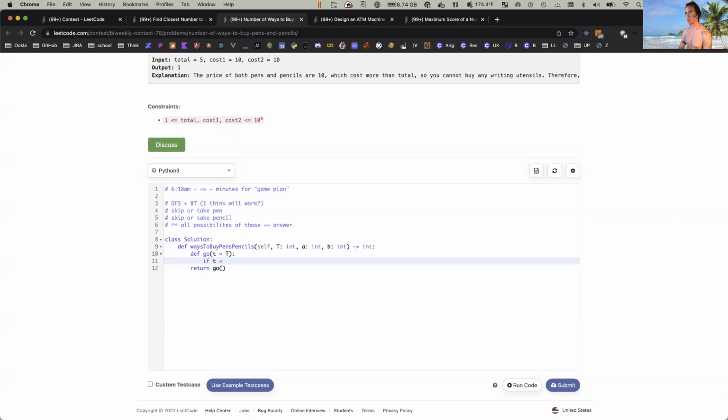T is less than A and T is less than B. We don't have enough to pay for either. It's 0, that's base case. Otherwise, we'll do take or skip pen, pencil.